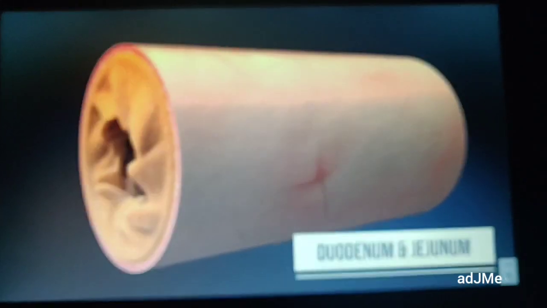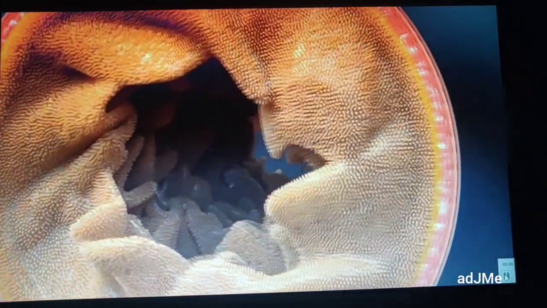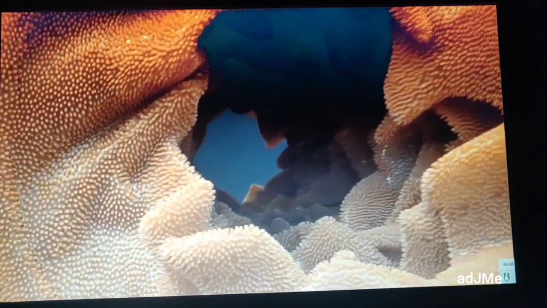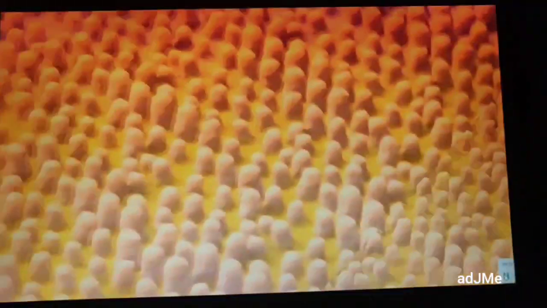When you look into this duodenum and jejunum, this tubular structure, small intestine, comprises of many minute finger-like projections. I hope you can find a small finger-like projections. The use of these finger-like projections is they absorb the nutrients from the food.